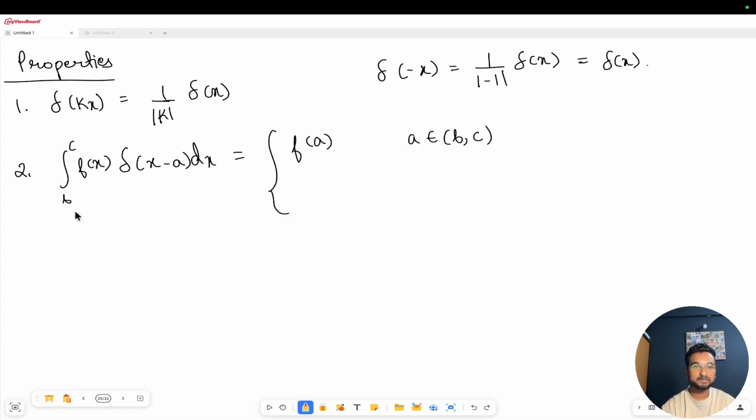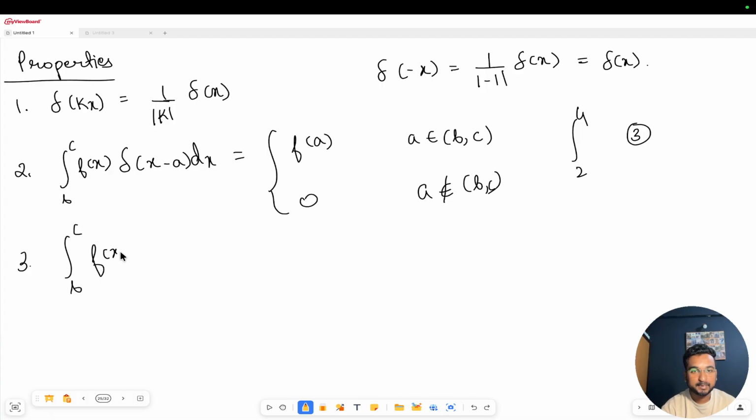If the point lies between b and c, for example if your integration is from 2 to 4 and your a is 3, then the value will be f of a. Just put the value of a in this function and you will get the value of this integral. If a does not belong to b comma c, then the value of this integration will be 0. Moving ahead, the next property is the integration from b to c of f of x times the nth derivative of the delta function.